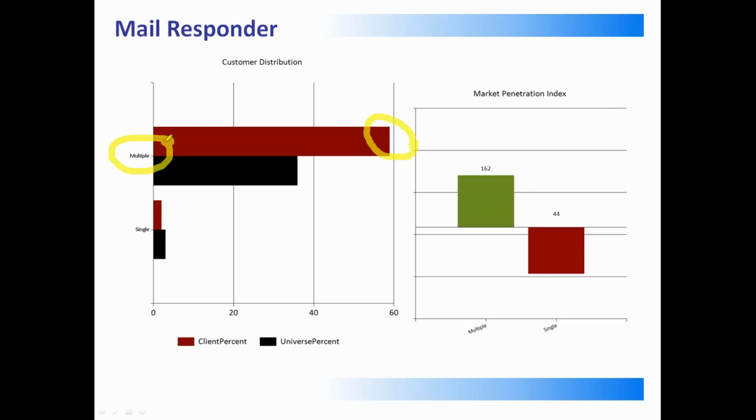So not only is this a prominent statistical discriminator, when you see that only 37% of the reference universe is a multiple direct mail responder, producing an index of 162, but it's also an implication that if Revolution's Bowling Center is not already using direct mail marketing as a significant contributor to its advertising channel mix, it ought to consider testing direct mail marketing as a contributing channel in its ad mix.